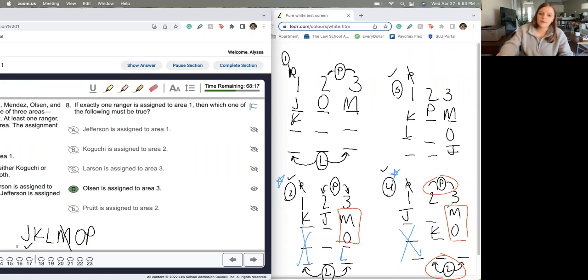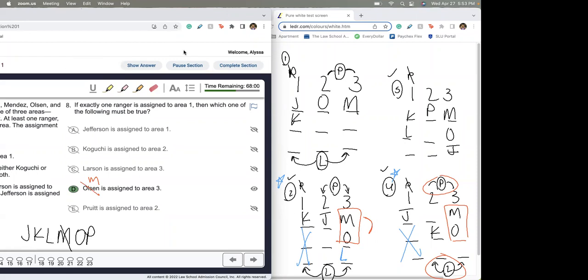So before even looking at my answer choices, I can predict it's going to either be M or O. In this case, it's my O, but essentially this O can be replaced with M, and the answer choice would still be the same.